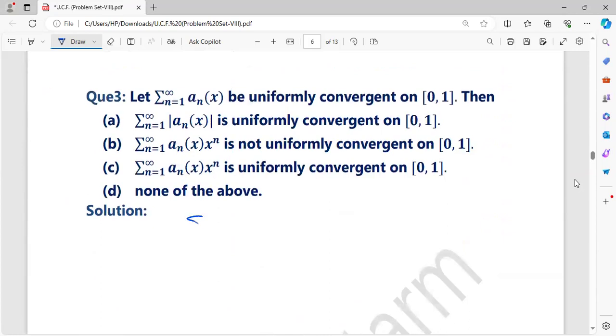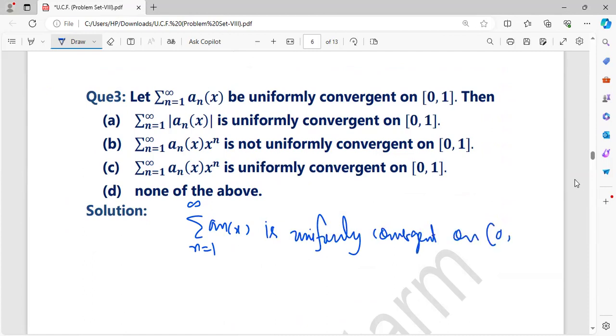This series is given to be uniformly convergent on [0, 1]. Now I will look at this series.